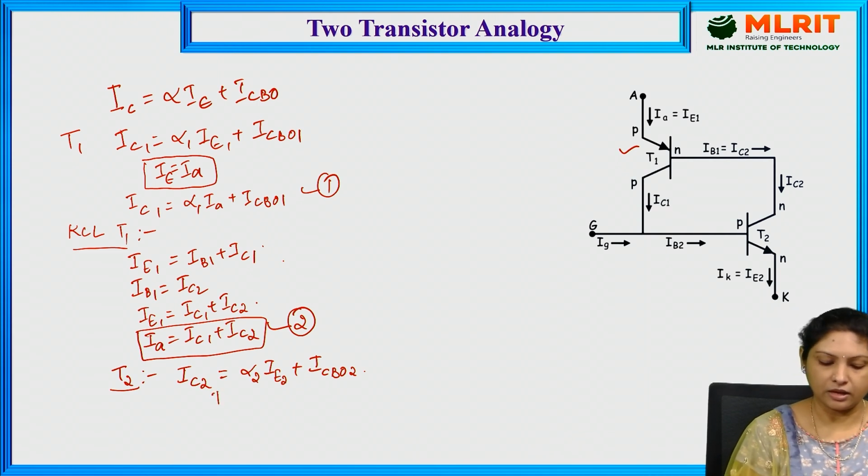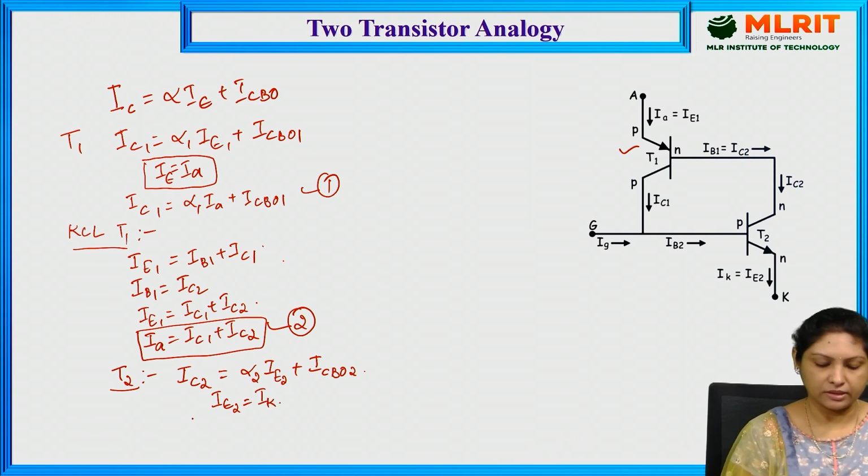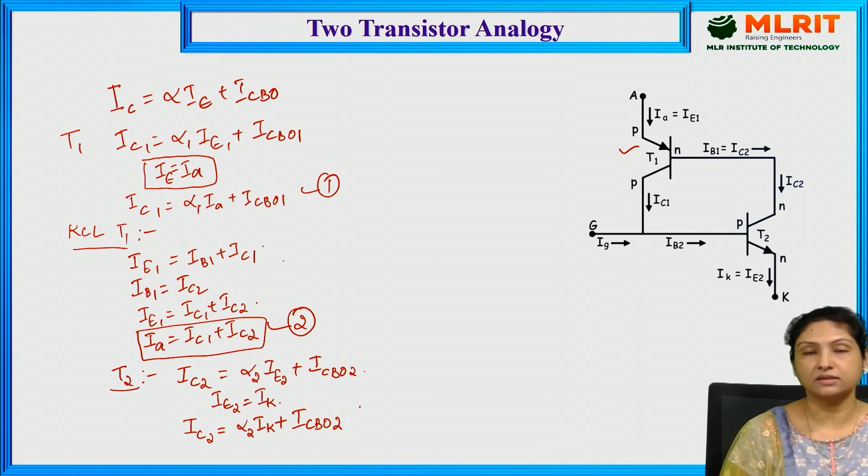So let me write IE2 is equal to IK. If I substitute this in the above equation, we get IC2 is equal to alpha 2 into IK plus ICB02. And this is equation 3.